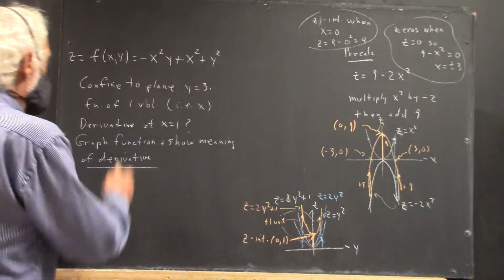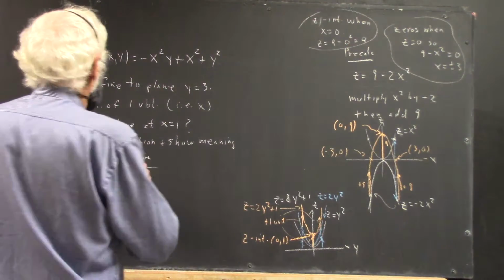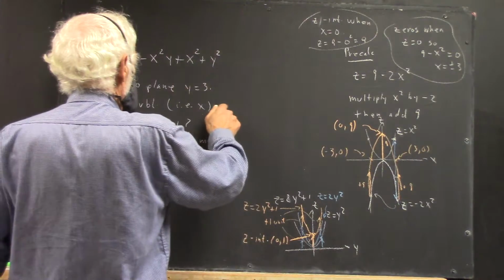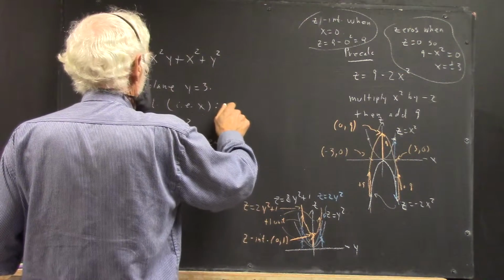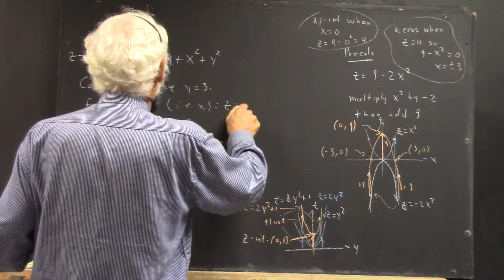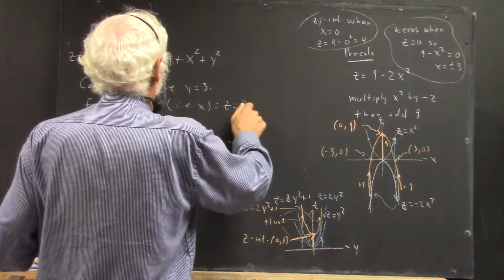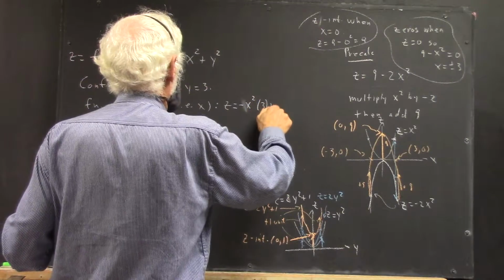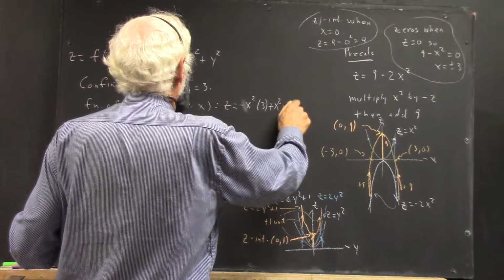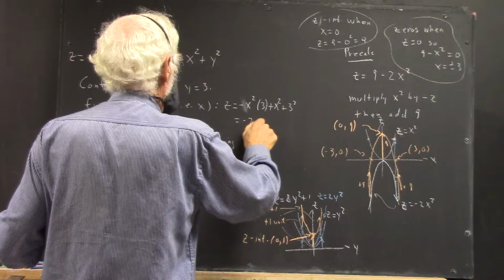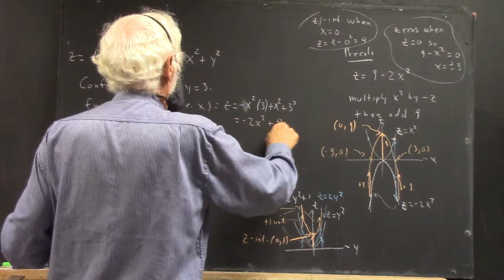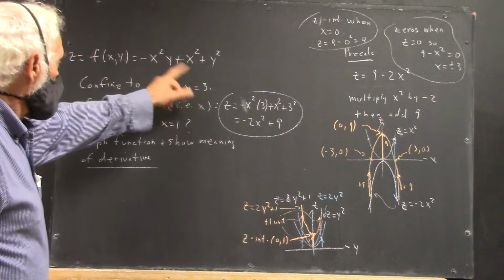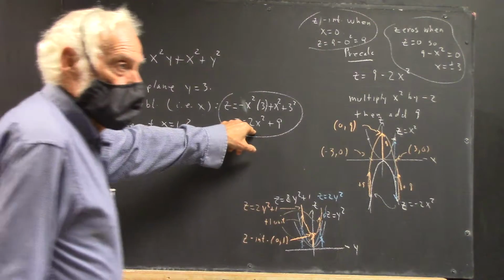Okay, so your function has one variable here, and that variable is x. This function is... we just plug y equals 3 in here and simplify, and this is what we get.